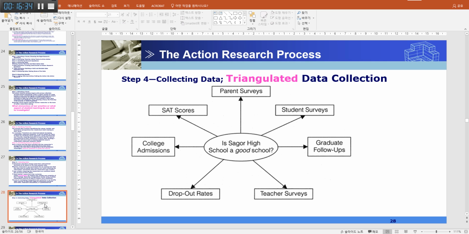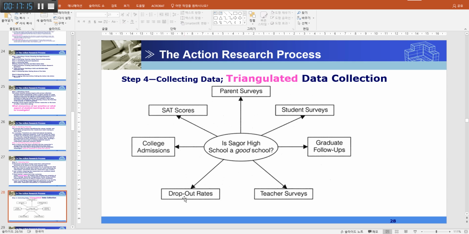When you improve your classroom teaching, you could conduct student surveys, or you could conduct teacher surveys, I mean, your colleagues, your peers. And then you could conduct parent surveys, and you could collect student achievement data as well. Okay? School level assessment or national level assessment, student achievement data could be a data source. And you could collect dropout rate as well.